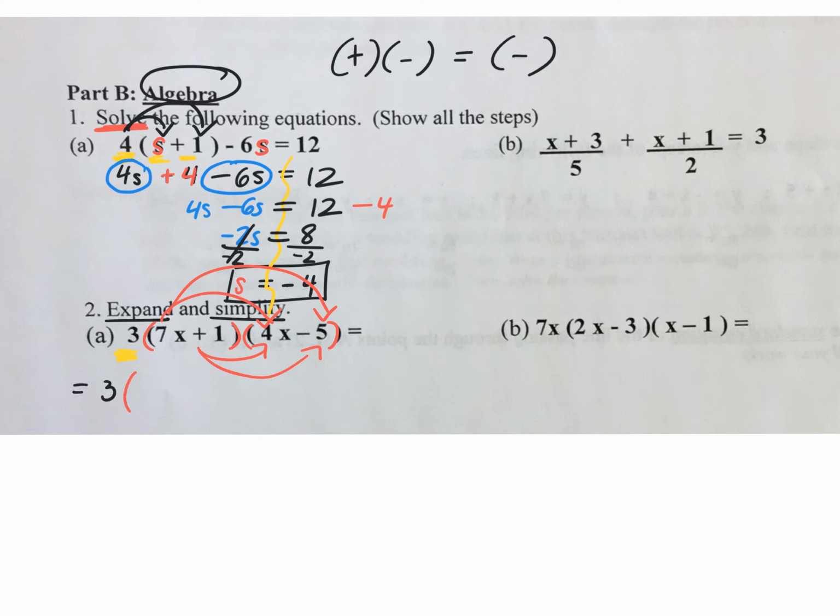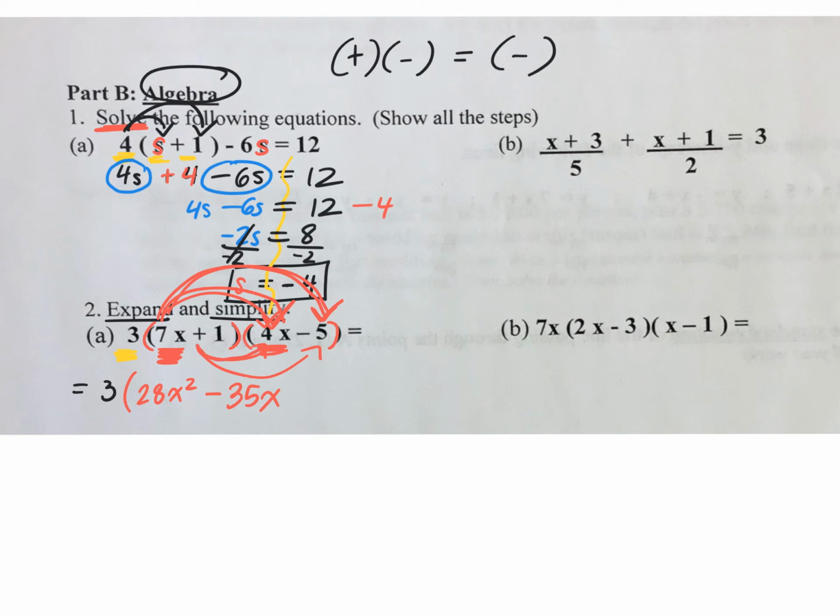And the first thing we're going to do, I'll do the first one for you, is 7x times 4x. What's 7 times 4? Good. What's x times x? X to the power of 2. Good. And then we do 7x times negative 5. Positive and negative gives you a negative. 7 times 5, 35x.